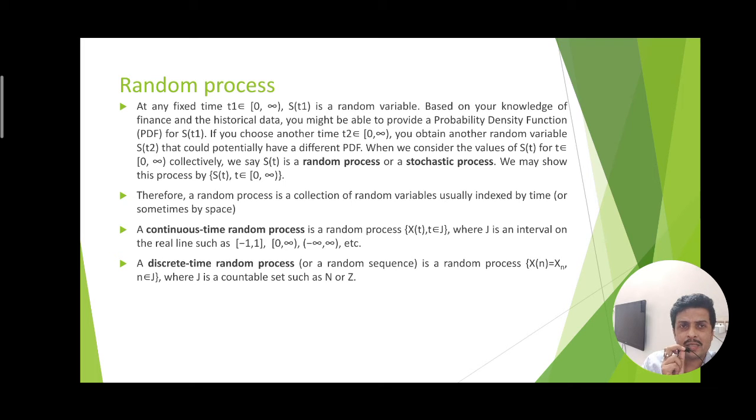Therefore, a random process is a collection of random variables, usually indexed by time. That means if a random process is sampled at a specific instant, we get the magnitudes of the random variable. Such results of the random variable may be useful to derive the statistical mean, statistical variance, or standard deviation for a random process.